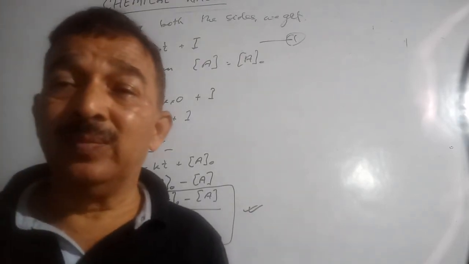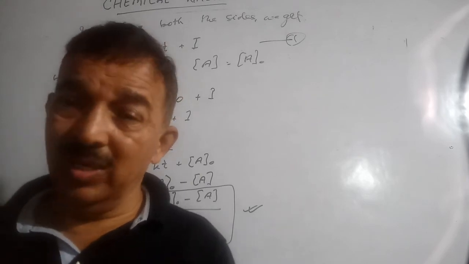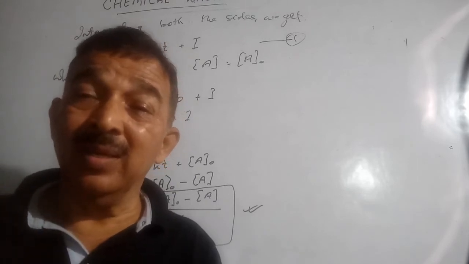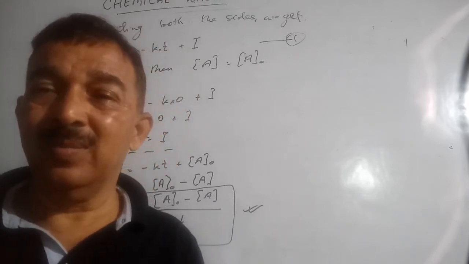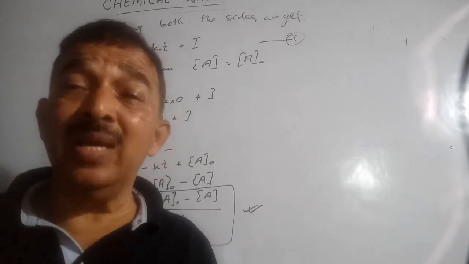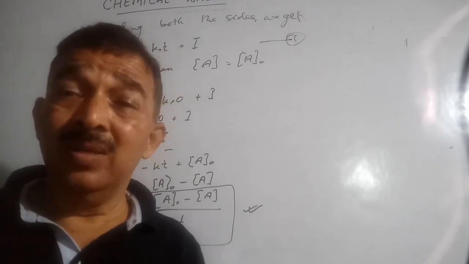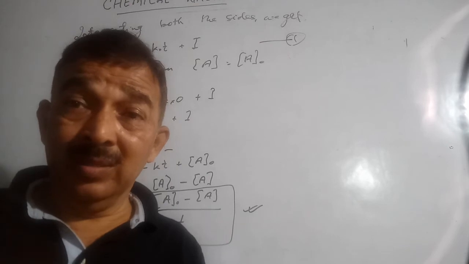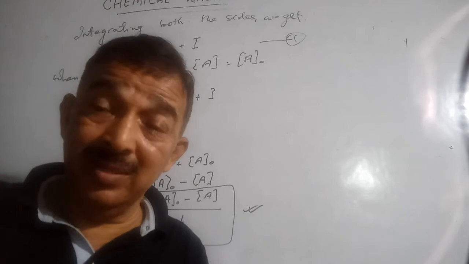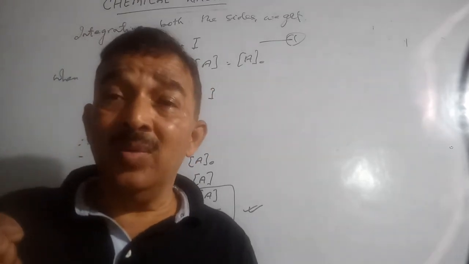Now coming to the half-life period of a zero order reaction. First of all, what is half-life period? Half-life period is the time taken for the completion of half of the reaction. That is, it is the time taken in which half of the reactant has reacted. Take the example, let us have 100 gram of a reactant.